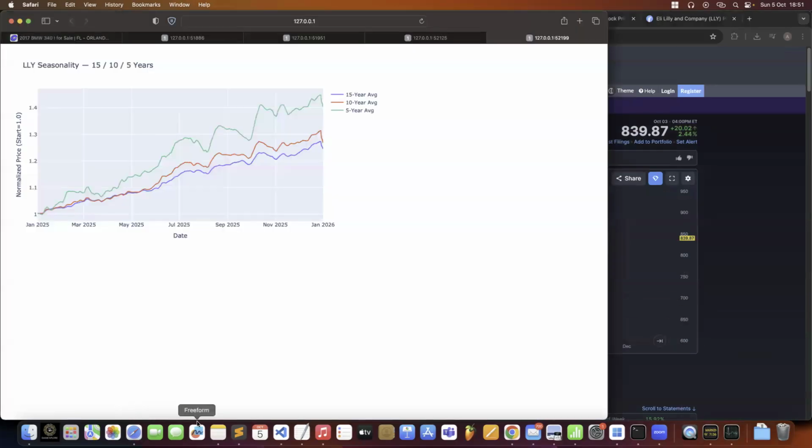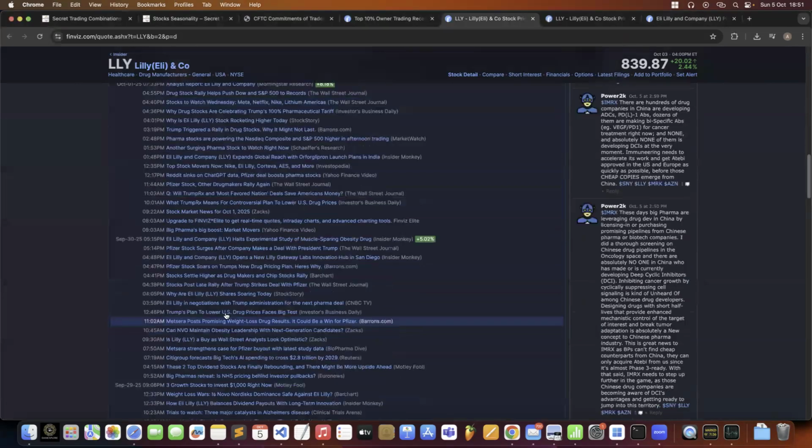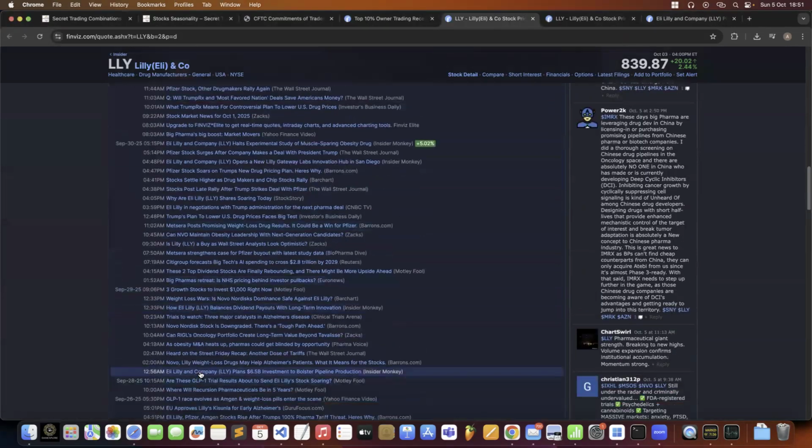But we already know why they made that announcement, because seasonality shows that around the 29th something tends to happen. Around the 28th, 29th right here, something tends to happen in this stock. And if you're looking at this stock around the 28th, 29th, and then you saw this news that they're going to invest 6.5 billion, that should tell you something straight ahead.